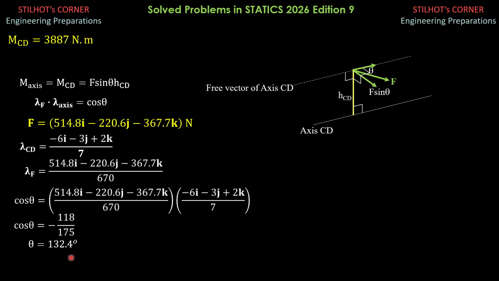So it doesn't matter if the angle is obtuse or acute, because remember this component of force, F sine theta, whether acute or obtuse, the acute equivalent of this angle is 180 minus 132.4. That's 47.6 degrees.